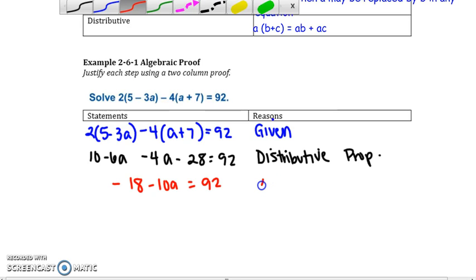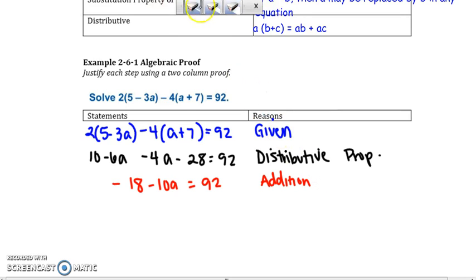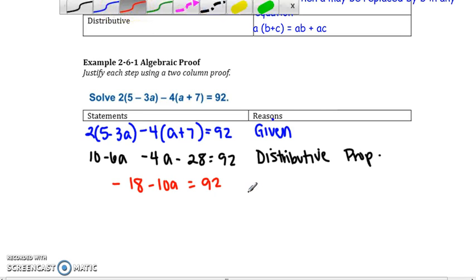That is not the addition property, because we're not adding to both sides of the equal sign. All we're doing is combining like terms or substitution, replacing 10 and negative 28 with this. So you can put either substitution property or combine like terms.